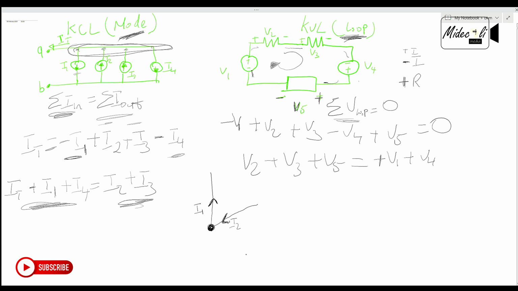Remember, our I3 was going into our node as well, and our I4 was going against our node. So this is another way in which you could simplify. Therefore, these guys are entering, they are in, and these guys are out. So that is why we have I1 and I4 on like terms, and I3 and I2 on like terms.